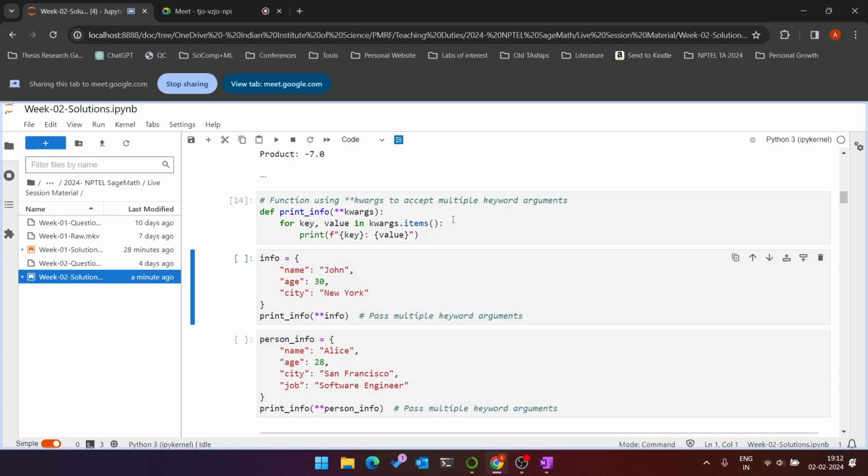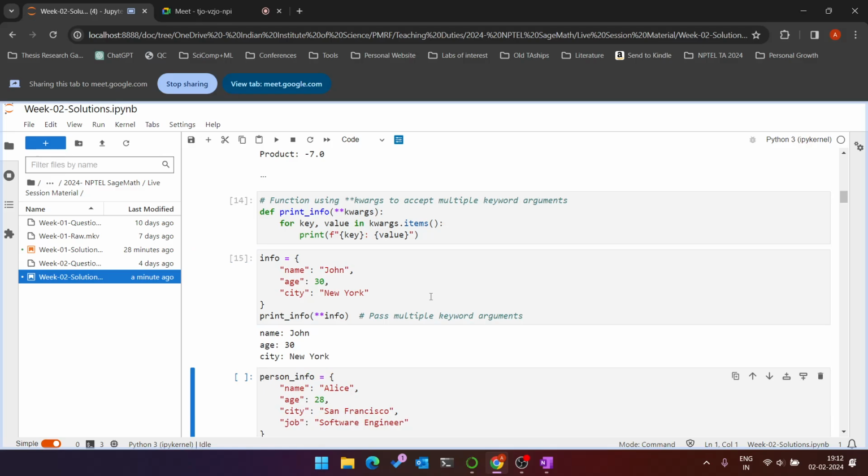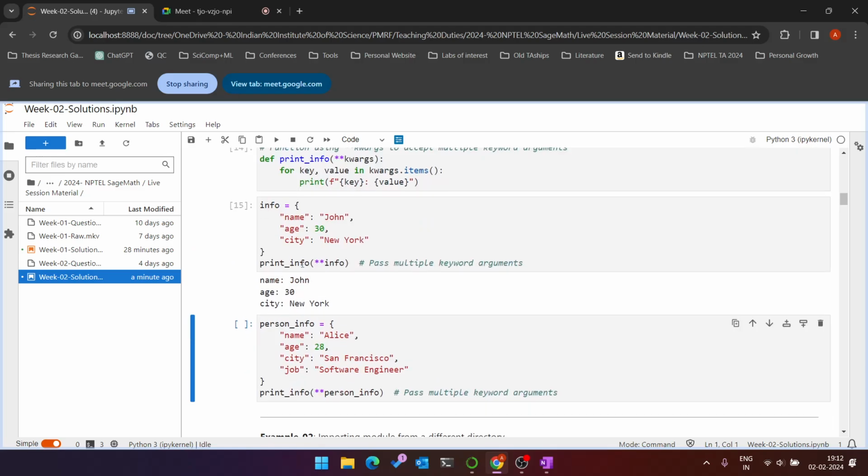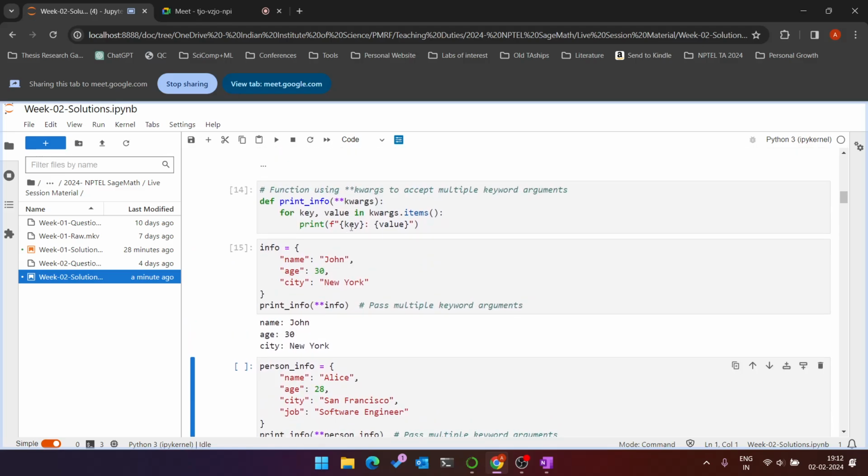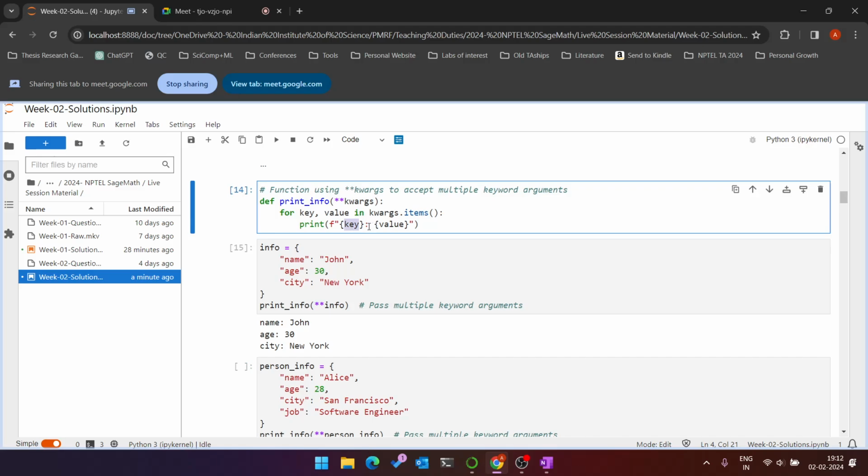Suppose I am passing my input as a dictionary called info, which has keys name, age, and city with some values to it. And if I run this, the print info function should print a key, then a colon, and then the corresponding value, which is what we are seeing here.